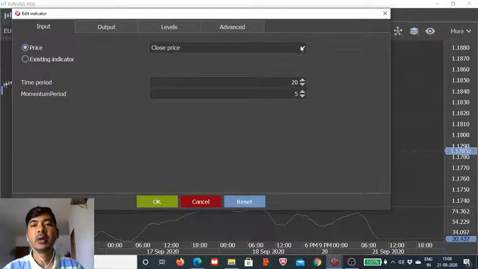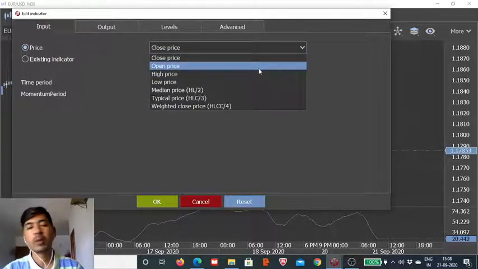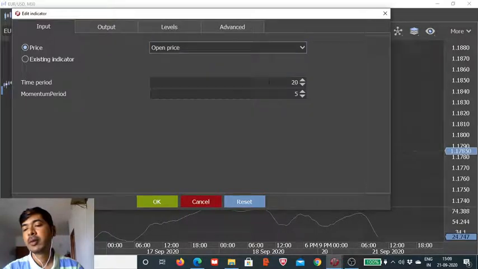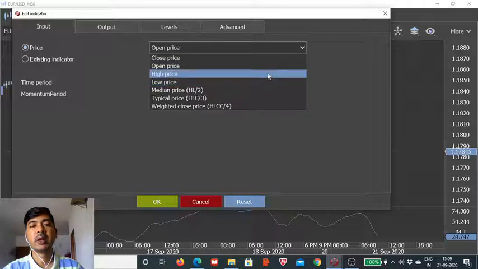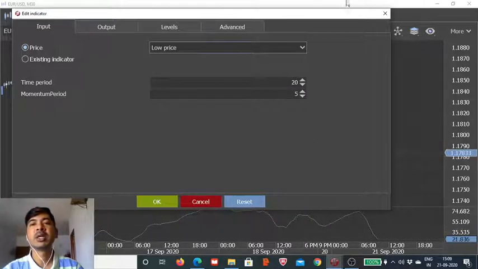So here if I change it to say open price, please observe this output for RMI, we will see that value has changed. If we say high price, again the RMI value has changed. Low price, again you will see the RMI value has changed.